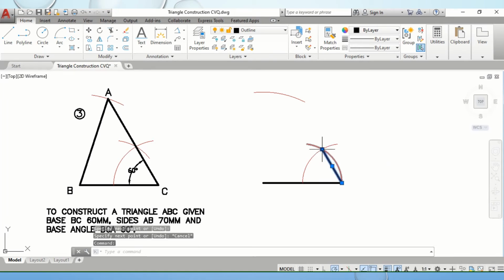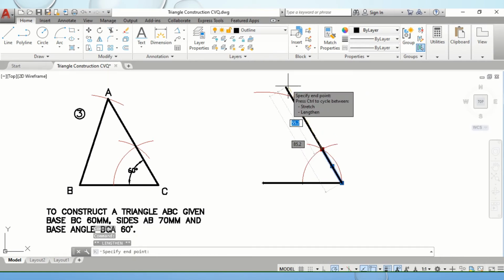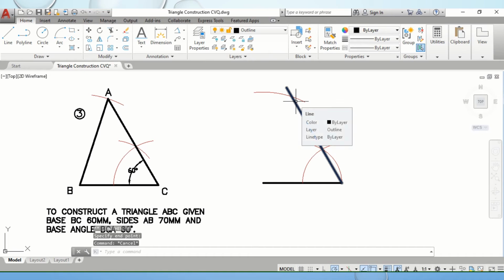I'm going to highlight my nodes. I'm going to lengthen. Now, where my line crosses my arc, that's going to be the point that forms our triangle.